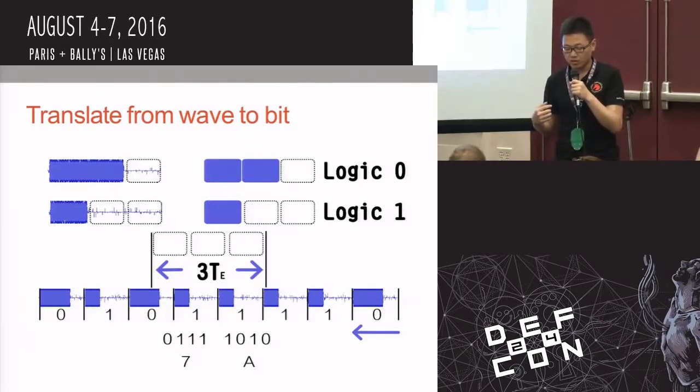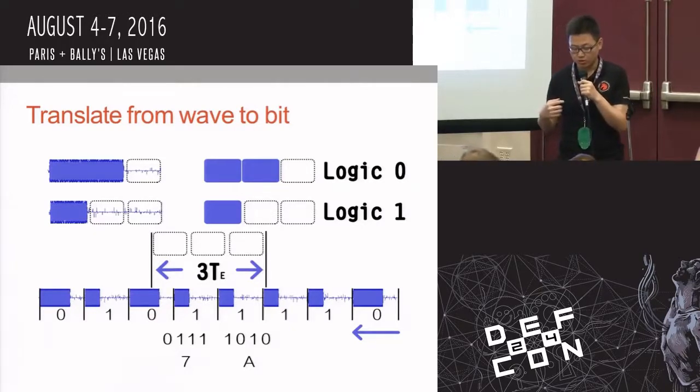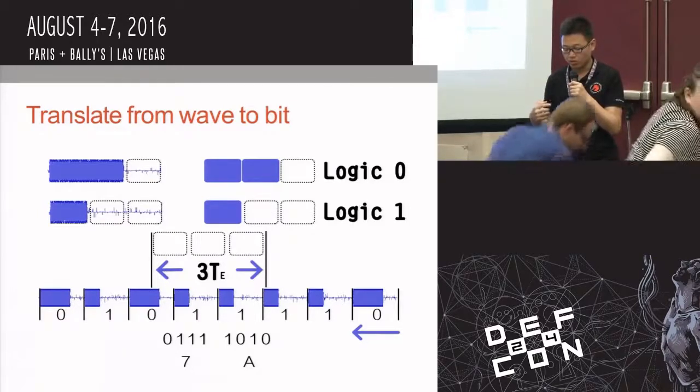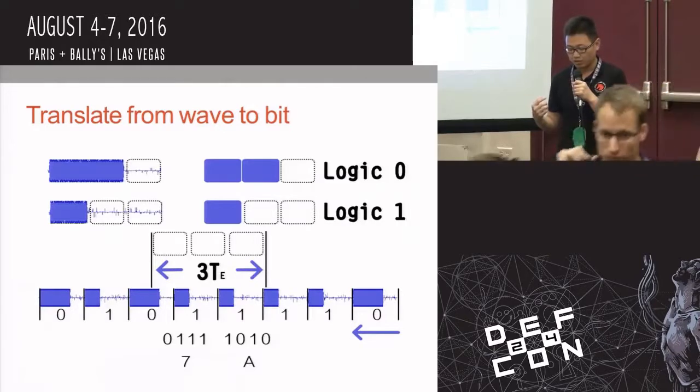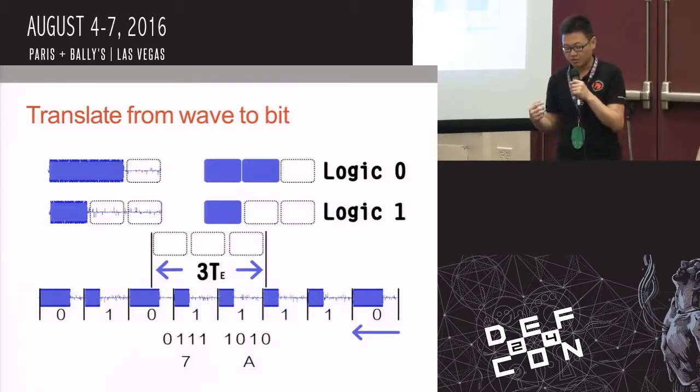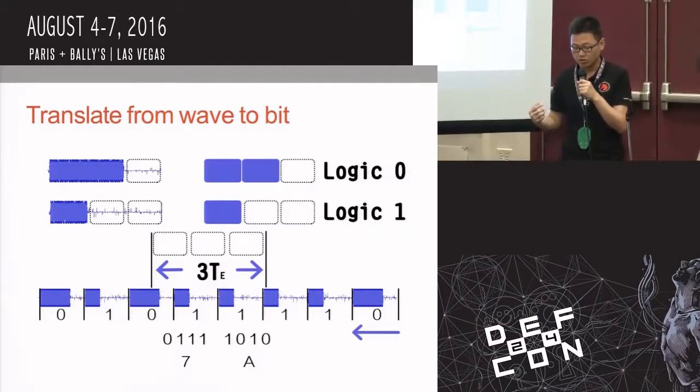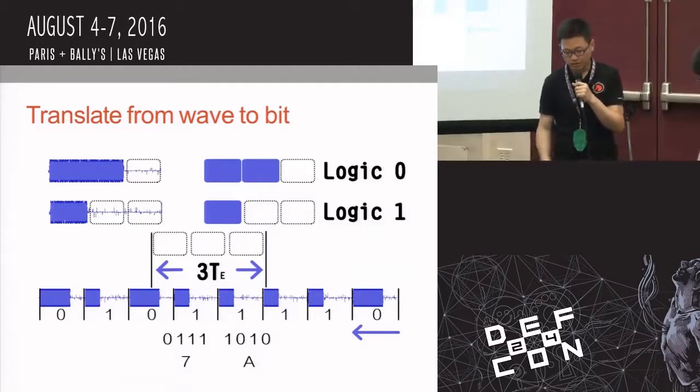We get the value 0, 1, 0, 1, and 1, 1, 1, 0. Then we get the MSB and the LSB, so the number is 0, 1, 1, 1, 1, 0, 1, 0, and the value is 7A. So we translate the wave to bits and we get the data.